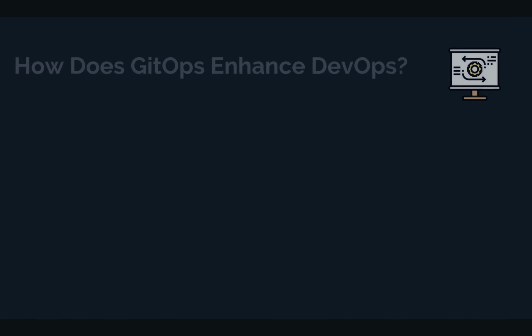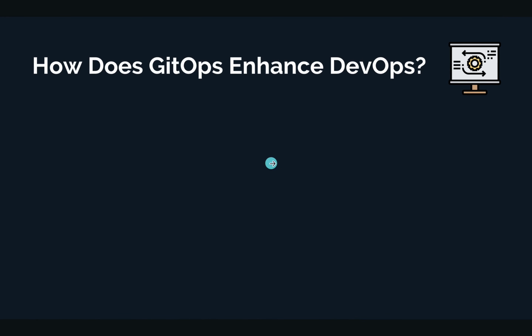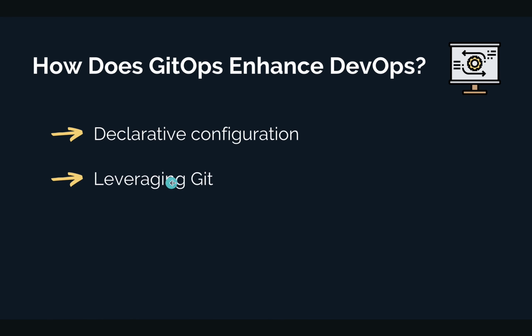How does GitOps enhance DevOps? By introducing this declarative configuration approach to manage the infrastructure and application deployments, teams can express their desired state in a clear and concise manner. And by leveraging Git, we enhance collaboration, and teams can work together and contribute changes through pull and merge requests.